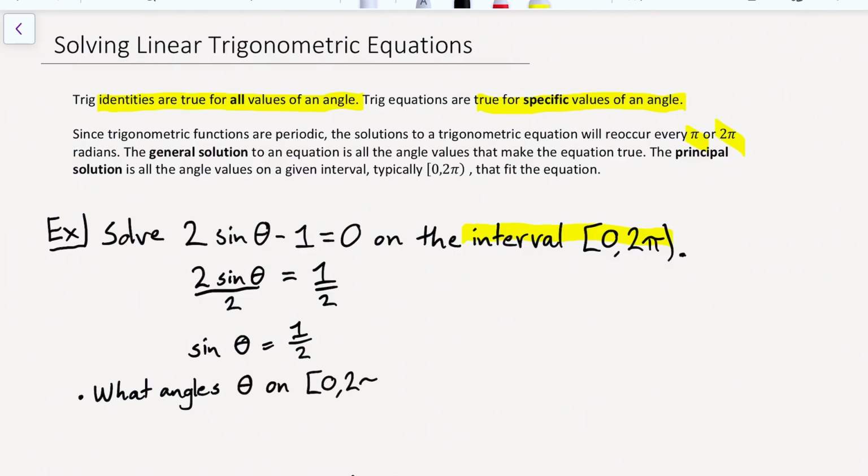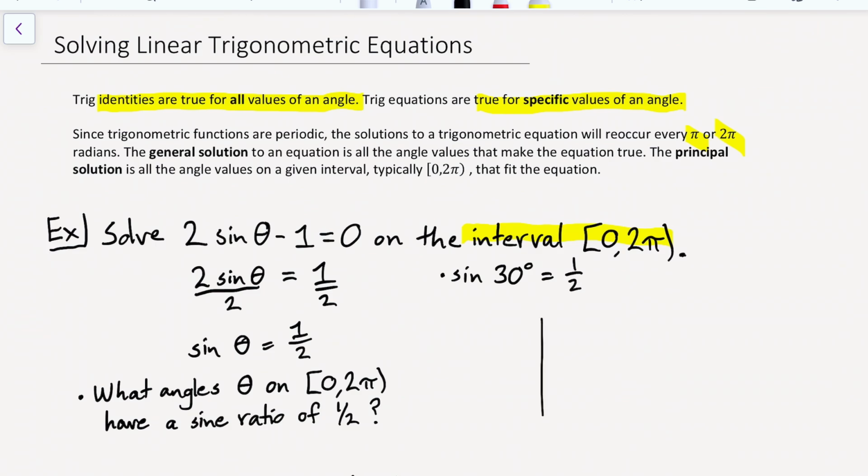from 0 to 2 pi have a sine ratio of 1/2? So it may help here to remember, as a trigonometry fact, sine of 30 degrees equals 1/2.